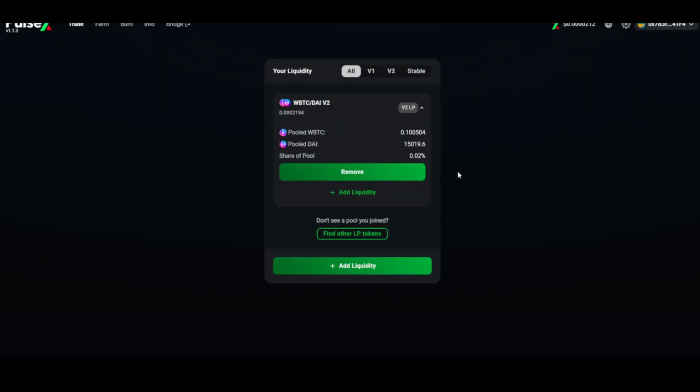So let's just give you an example. Let's say you made $10,000 that day in volume. The $10,000 is multiplied by the 0.22% trading fee. So you take 10,000, multiply it by 0.22%.